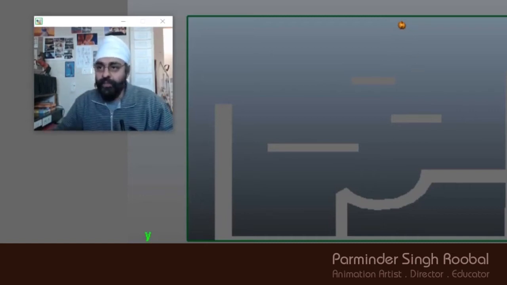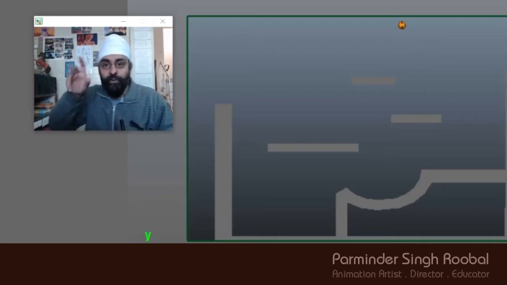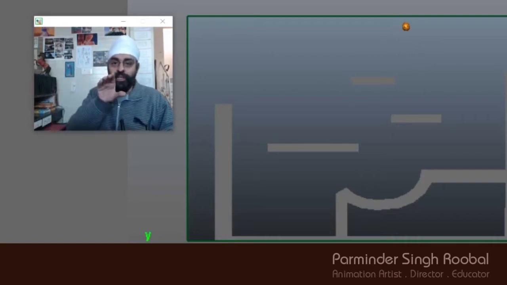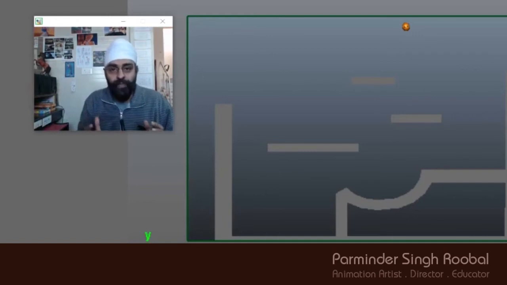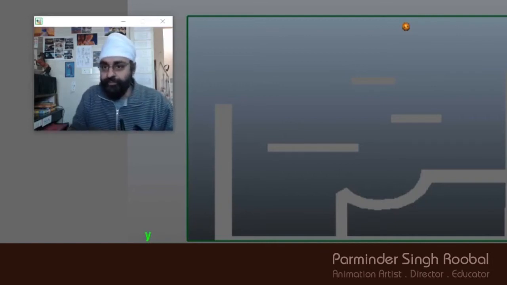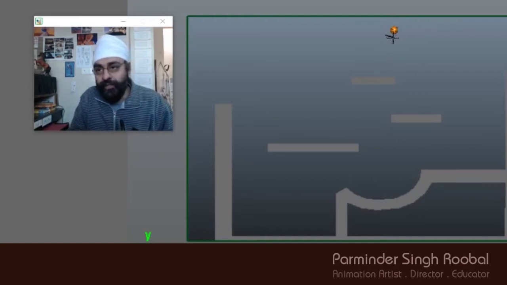Alright, here you have rotated the ball. One approach is like a human jumps. Let me draw something here. If the human is jumping like this, the orientation is like this, right?